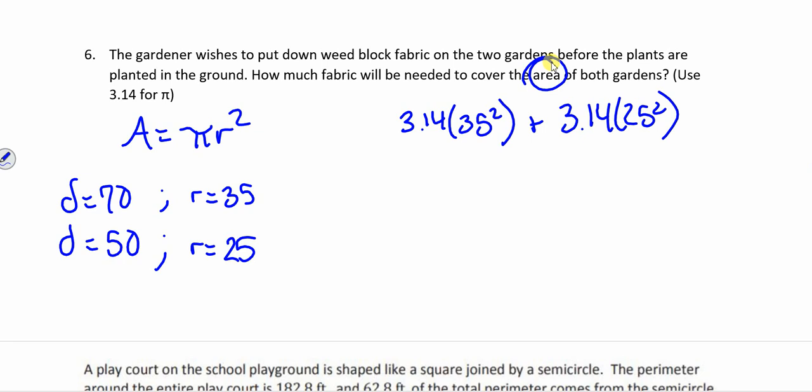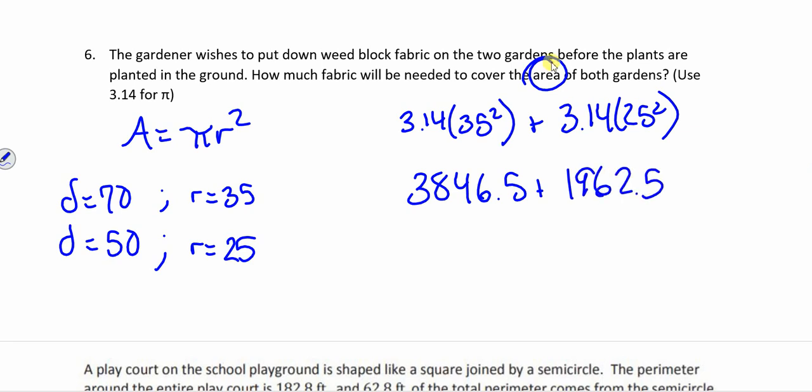So 3.14 times 35 times 35 equals 3,846.5 plus 3.14 times 25 times 25 gives me 1,962.5.